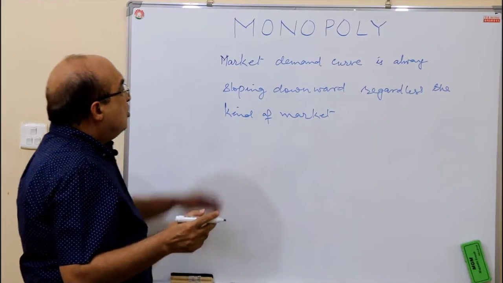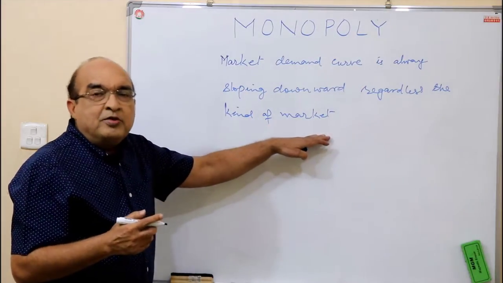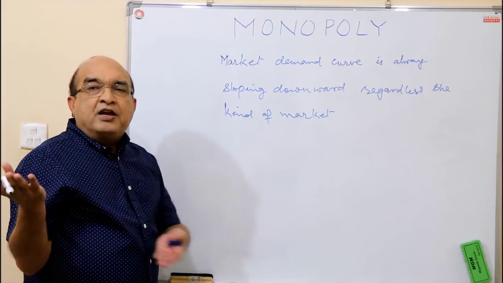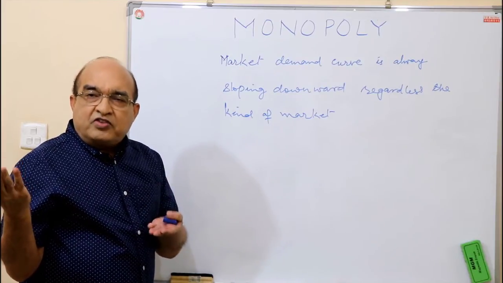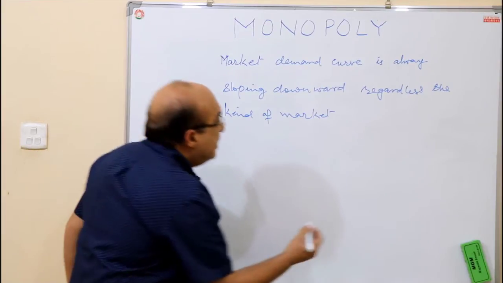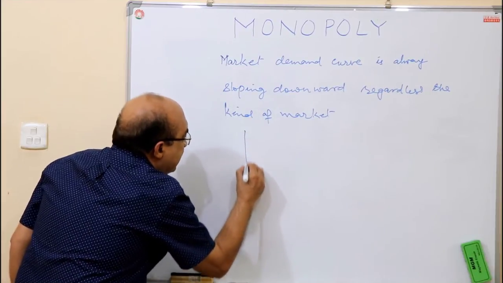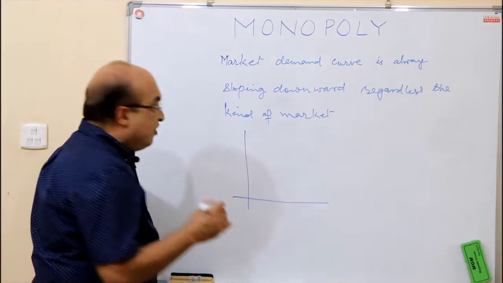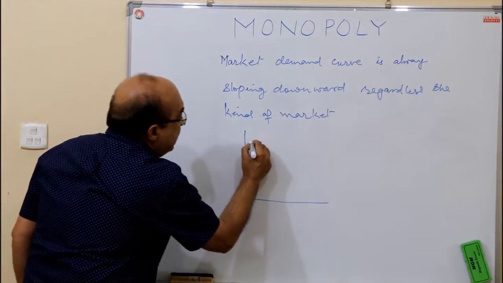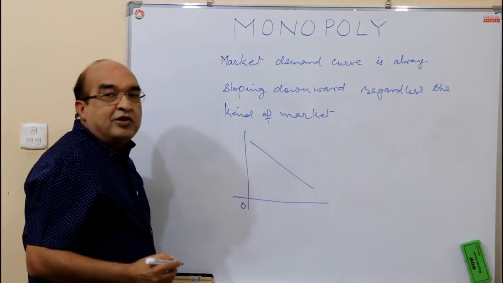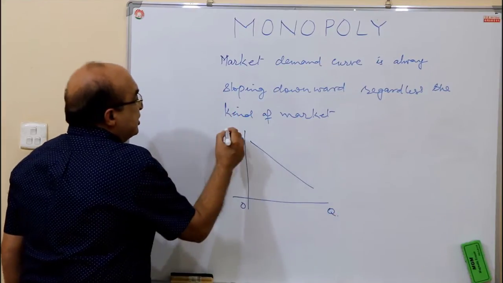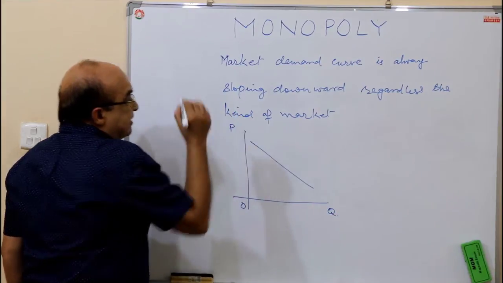Since there is only one firm, whatever the market demand curve is, that will be the firm's demand curve. That means the demand curve that a monopoly firm faces will be a downward sloping market demand curve, where here you are measuring the quantity and here the price.